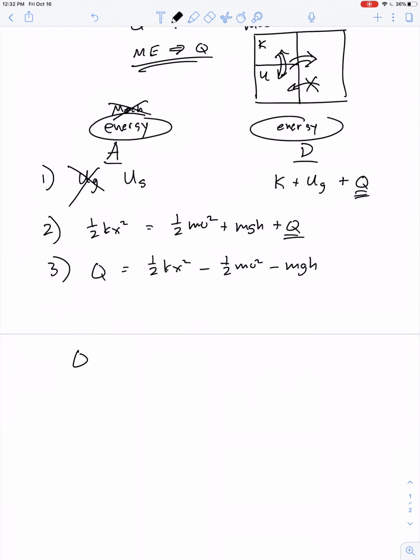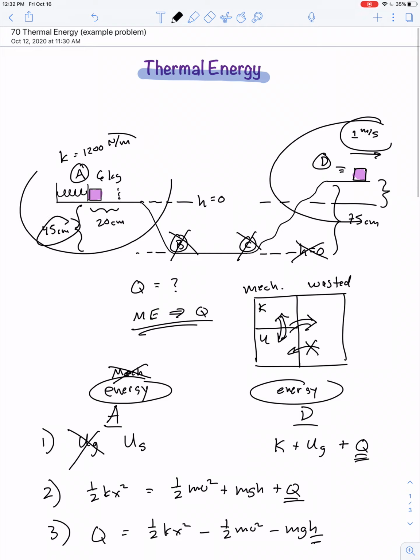So let's plug in and see what we get. 1/2 times 1,200 newtons per meter times 0.2 meters squared, minus 1/2 times 6 kilograms times 1 meter per second quantity squared, minus 6 kilograms times 9.8 meters per second squared. Now h. What is h? Well, if this is 45 centimeters and this is 75 centimeters, then the value of h that we have here would be 30 centimeters or 0.3 meter.